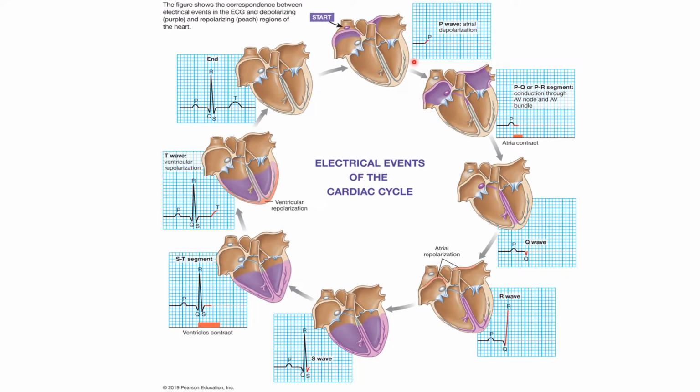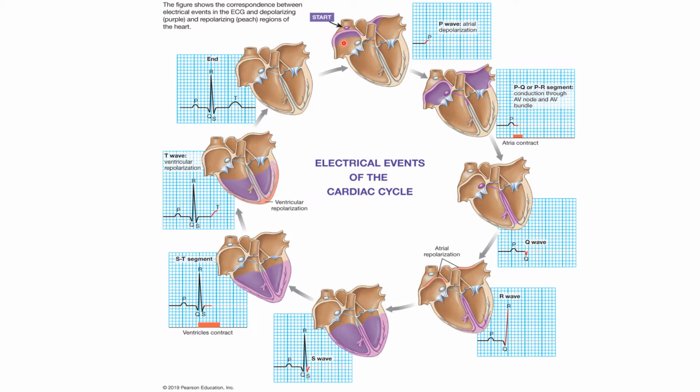So if we are going to trace the ECG waves together, we are going to start right here with our SA node, since we said it's the one taking the lead. You can see right here the SA node in your right atrium. The SA node is going to initiate the action potential. The action potential, you can see right here, is the purple waves.